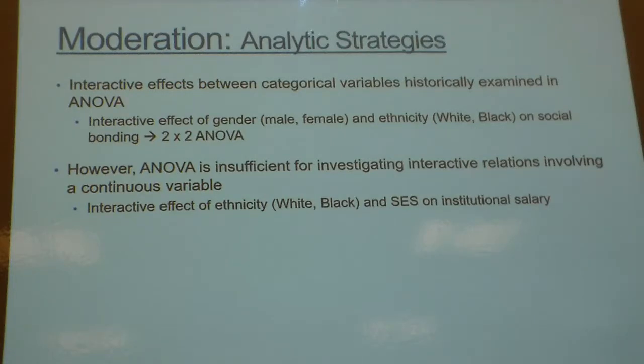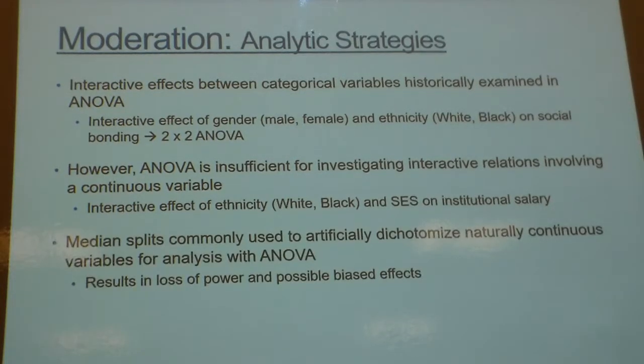If I want to look at the impact of ethnicity and SES on salary, is your salary dependent on your ethnicity and whatever your parents' SES background is? All of a sudden this starts to become more difficult, because SES is hard to break into a categorical variable, because it occurs along a continuum.